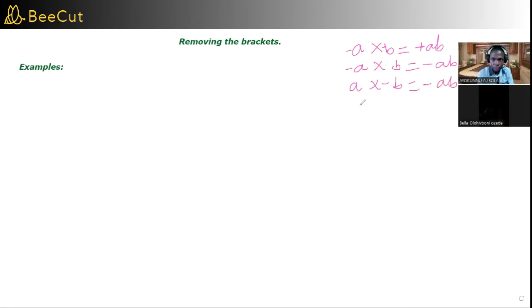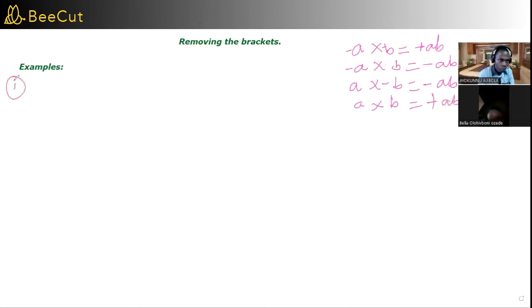And lastly, if I have positive A times positive B, with no sign between the two, it means it is positive, because I will be asking you questions along the line. So you should take note of these four situations. This is going to be positive AB.